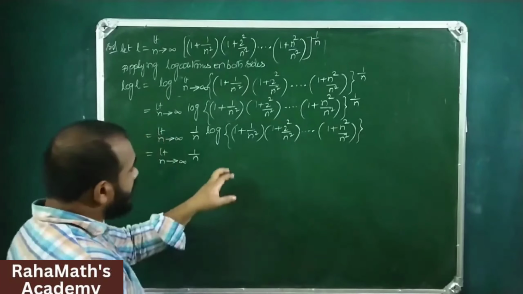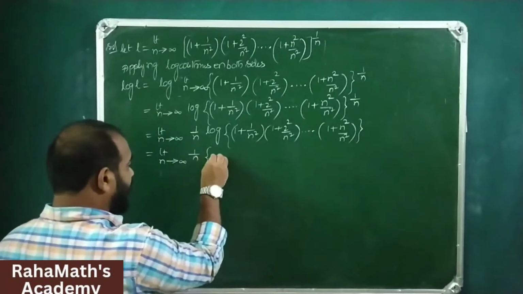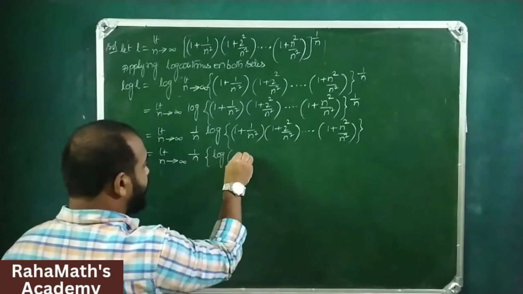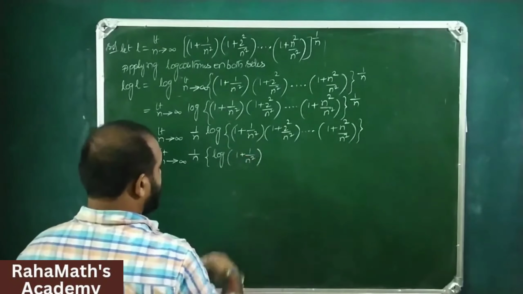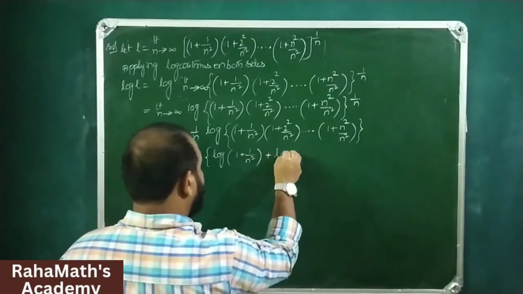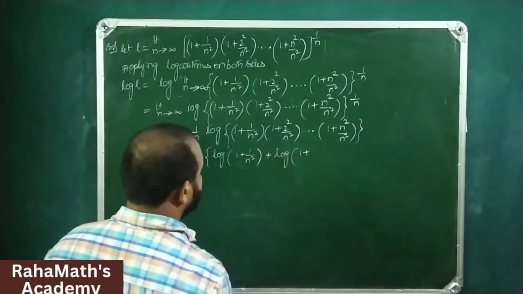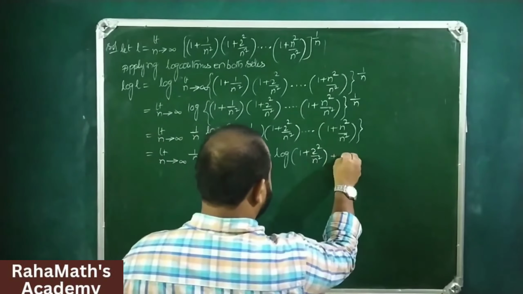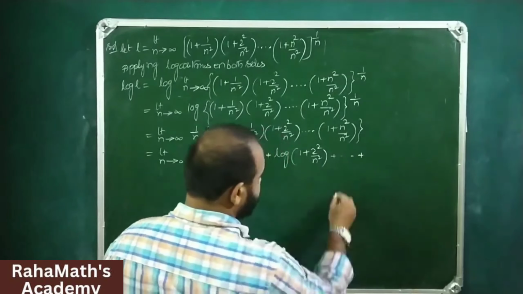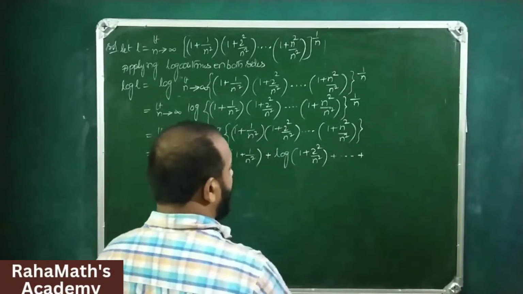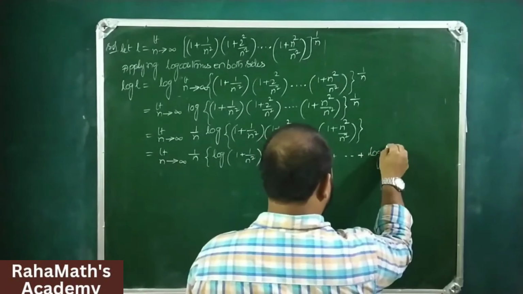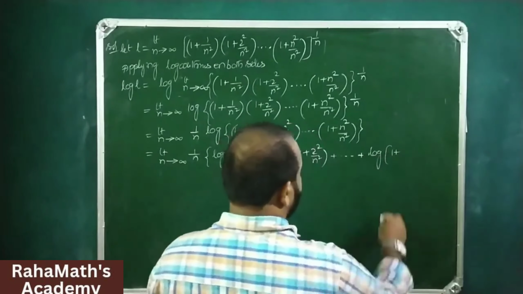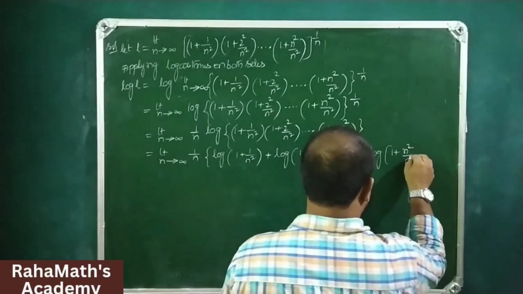So this is log(1 + 1/n²) plus log(1 + 2²/n²) plus etc. plus log(1 + n²/n²).